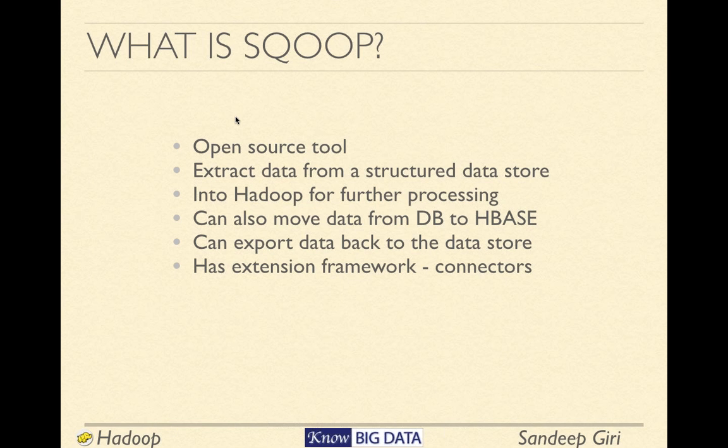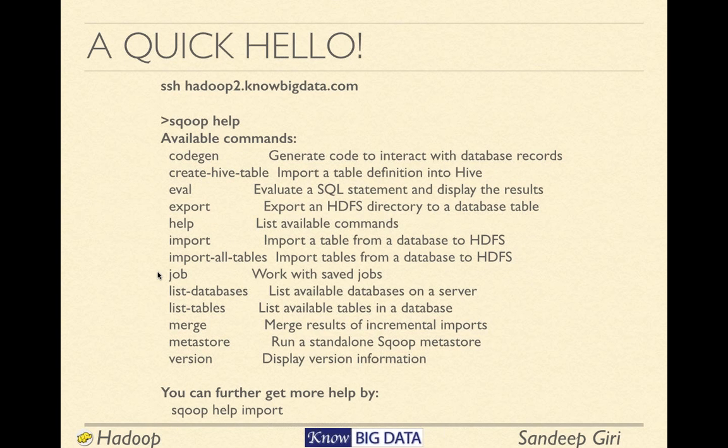You don't have to write anything else. So if your database supports JDBC, you are already there. Basically, Sqoop is a way to move data in and out of HDFS, Hive, or HBase, from your relational database or to your relational database.